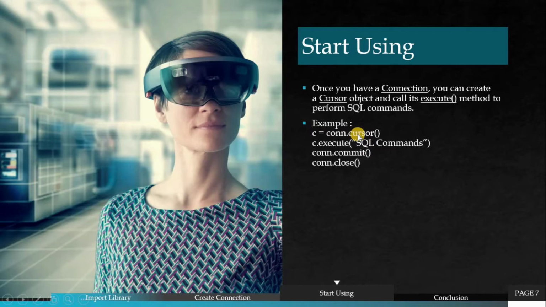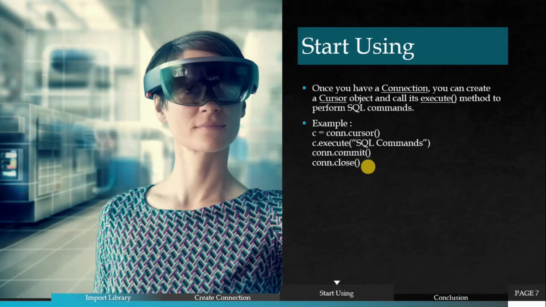After building a successful connection, we have created our cursor object to call our execute method. In this method, as its argument, we will pass our SQL commands. Now connection.commit indicates to save the changes which we have made right now. And connection.close indicates to close the connection with the database.